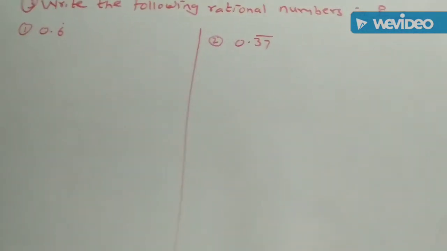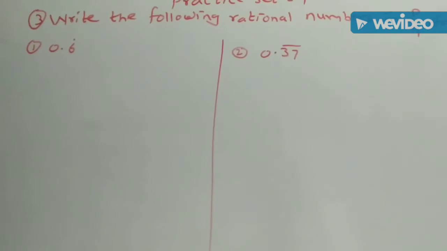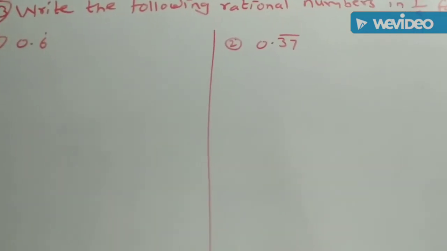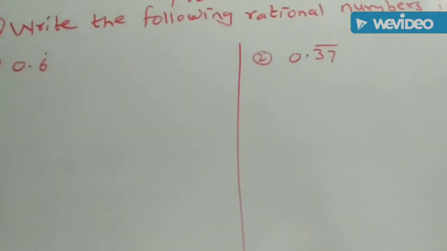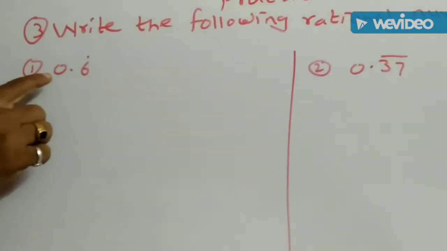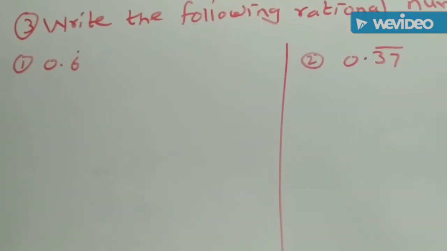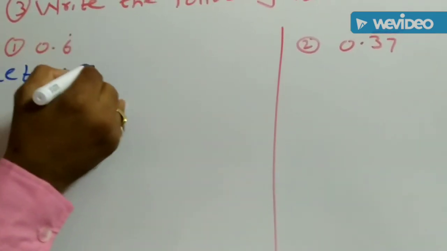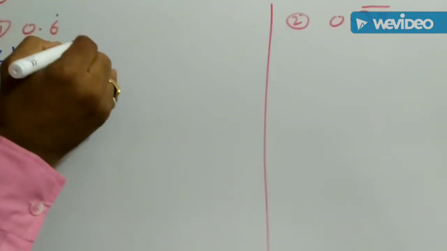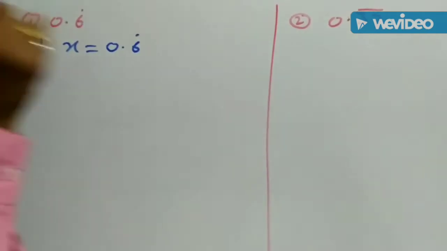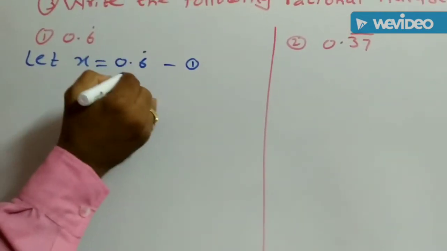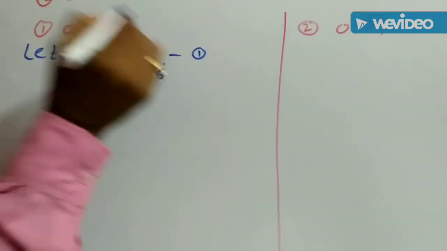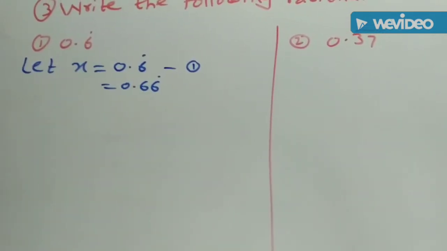Next example: write the following rational numbers in p upon q form. The first example is 0.6 dot, that means 0.6 is recurring. Therefore firstly we consider this 0.6 dot as x, equation number 1. You can also write this as 0.666 dot, both are the same.